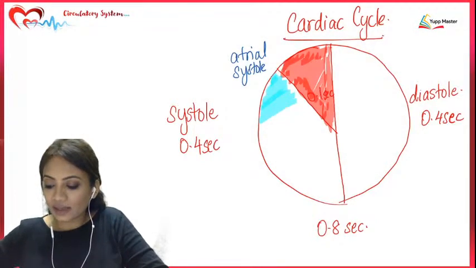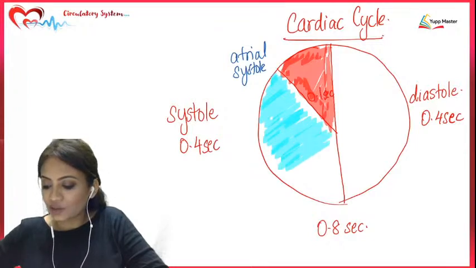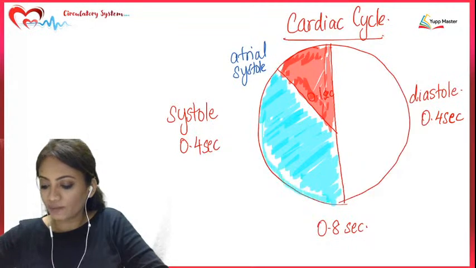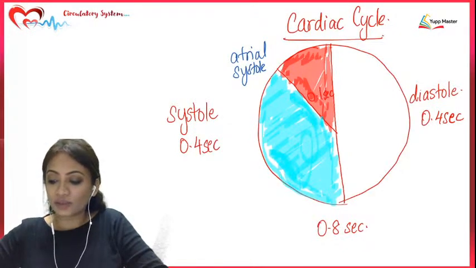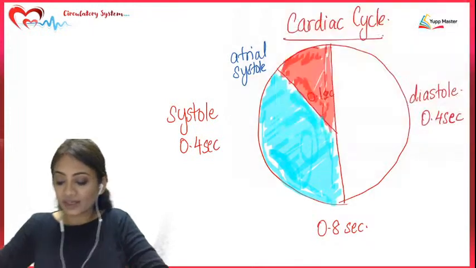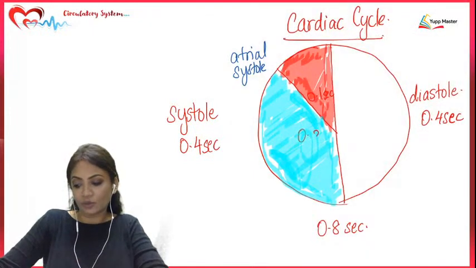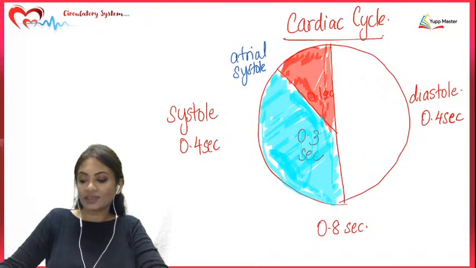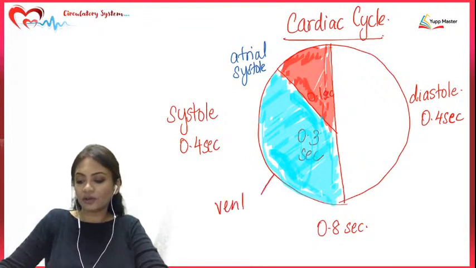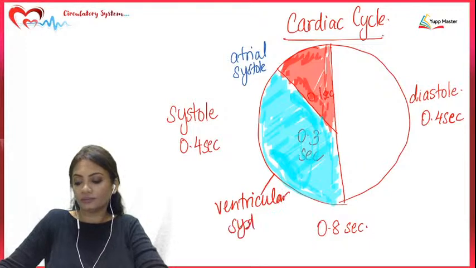Next event happening was that the ventricles were contracting. So let's indicate that over here, and this is going to be indicating complete ventricular contraction. When the ventricles are contracting, this event lasts for another 0.3 seconds, and this is indicating ventricular systole.